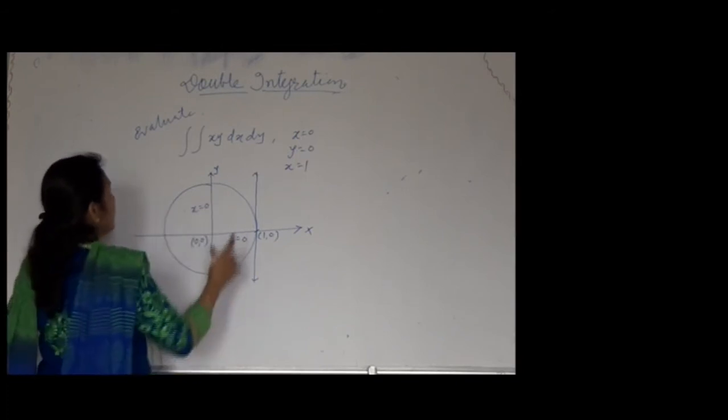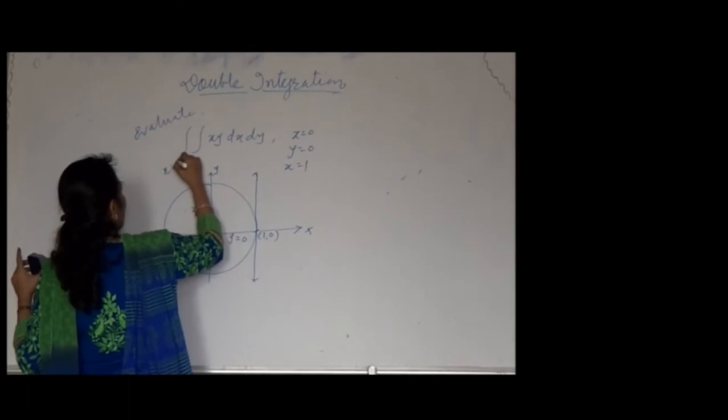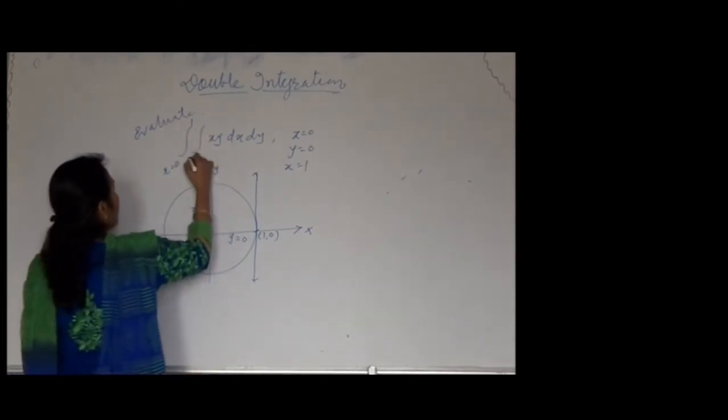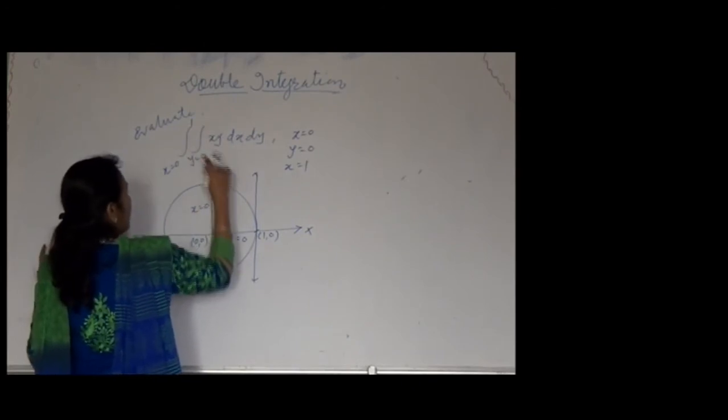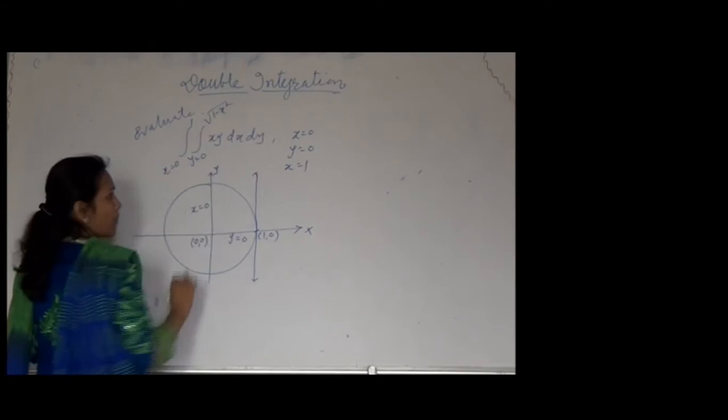Let it be. Now x equals 1 and x equals 0 are constant limits, which are always outside, and y equals 0 is written here. Let the equation of the circle be the square root of 1 minus x squared.